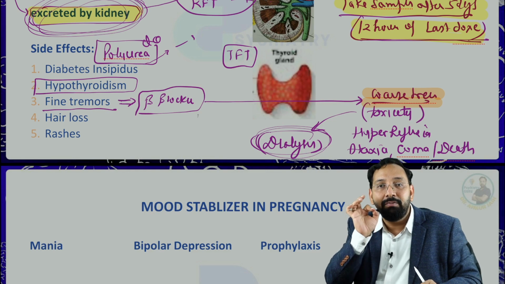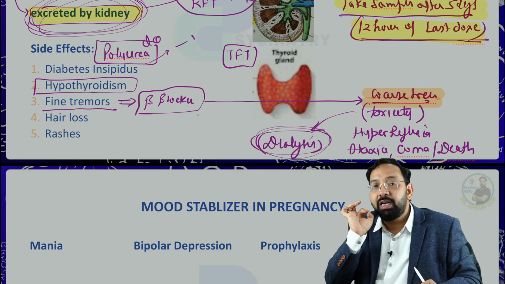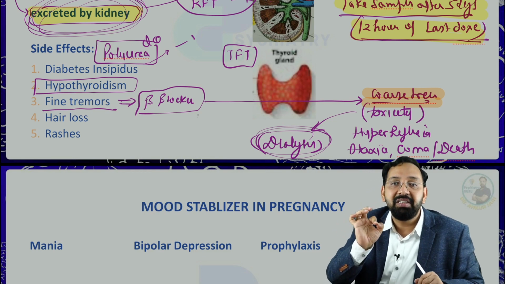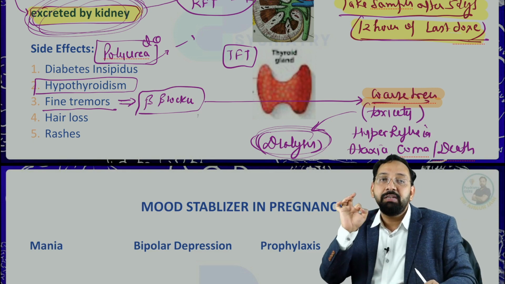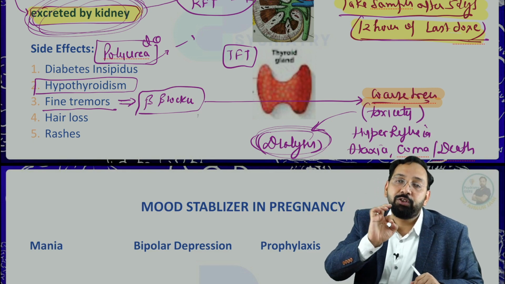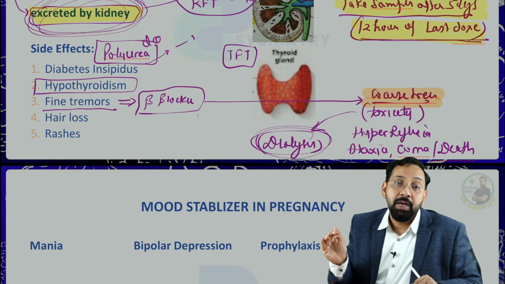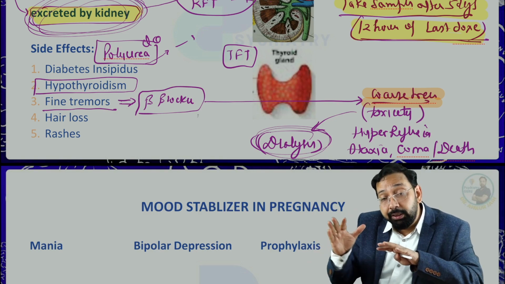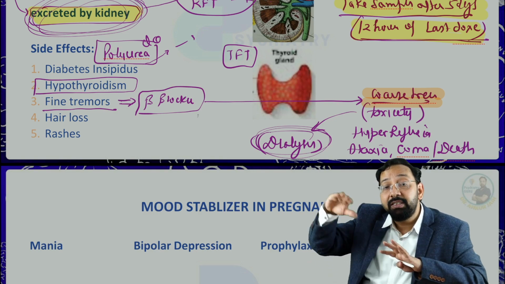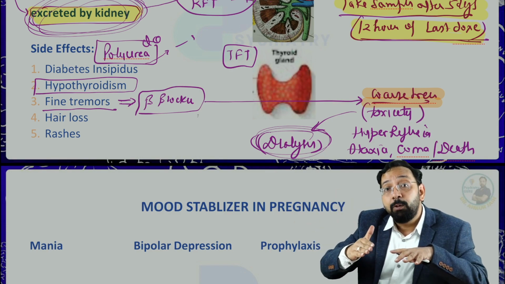But this was not a good question, because the answer should be, they must have given that if a patient in the last trimester comes to me, I will check the serum lithium level. Depending on the serum lithium level, I will decide whether it should be increased or decreased. If it is the last trimester, in the initial period, definitely we will increase, but before delivery we decrease.